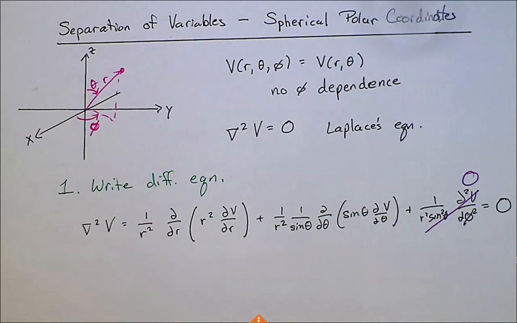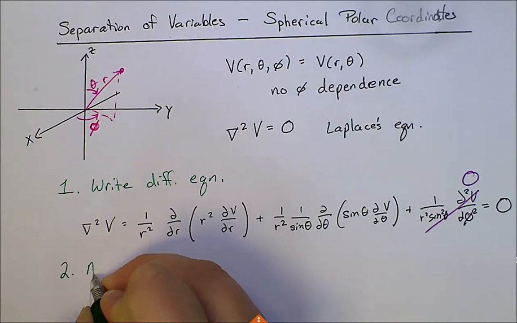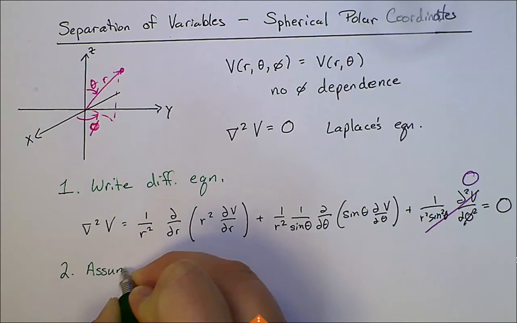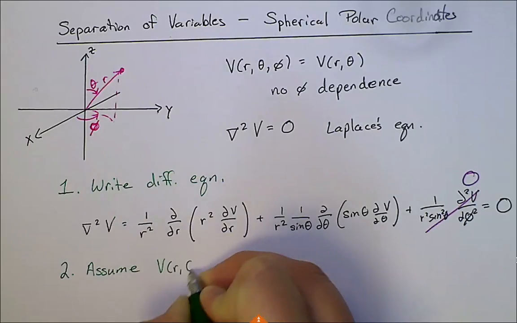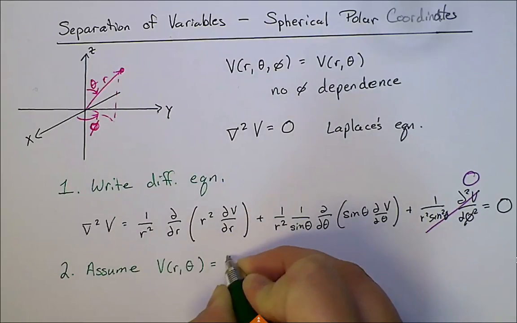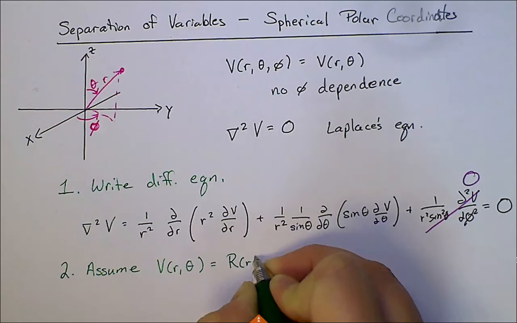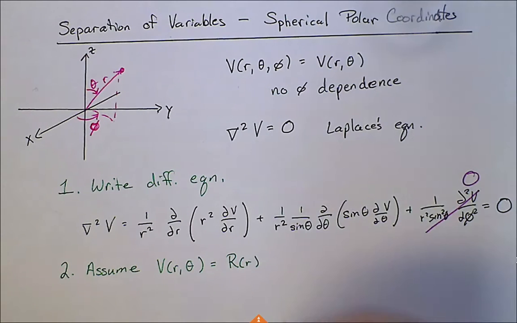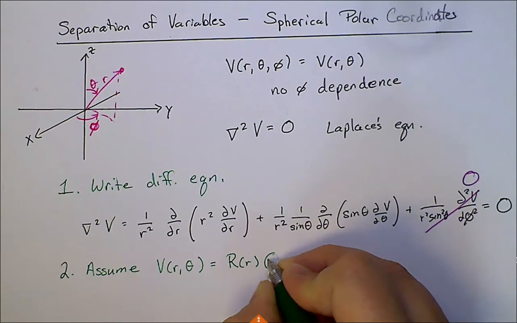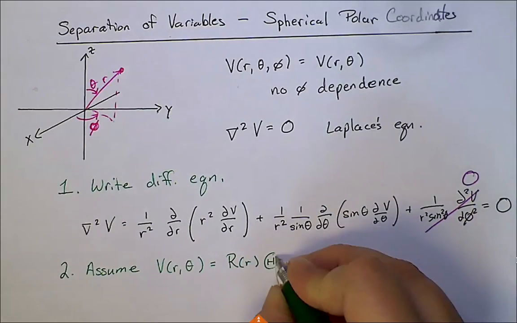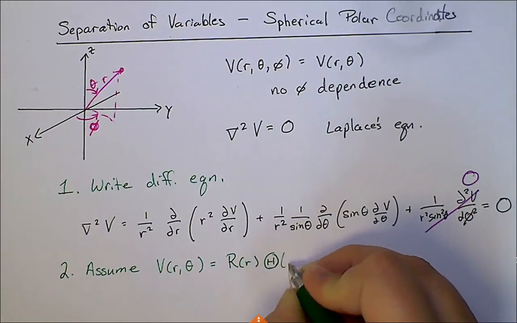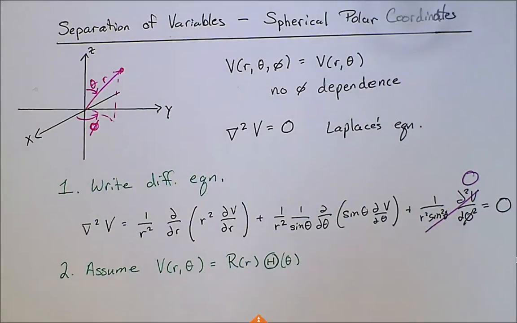Now, for the second step, we have this written out explicitly in terms of variables. For our second step, we're going to assume that we can write V(r, theta) in separable form. We're going to write a function, which I'm going to call capital R, a function of the variable r, times capital Theta, which is a function of little theta.